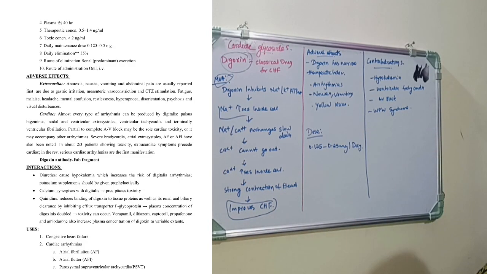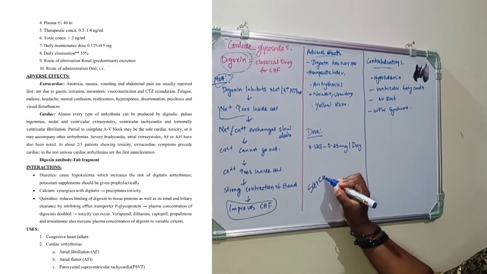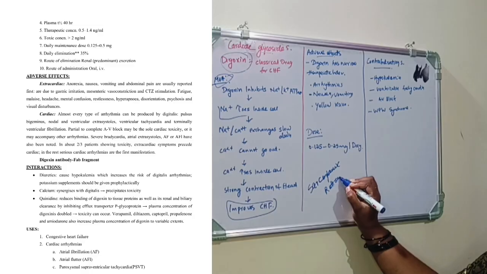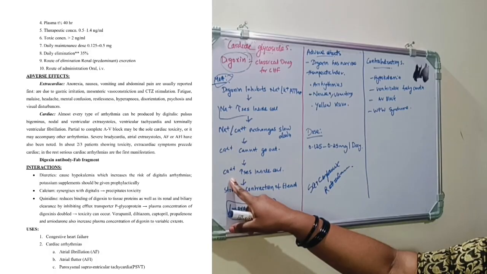That means more calcium is stored in your sarcoplasmic reticulum, which we can call the storage house. During the next heartbeat, more calcium ions will get released.